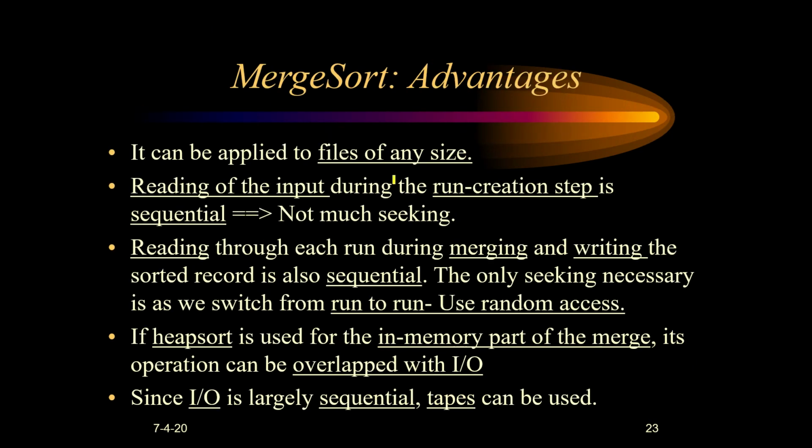For looking into the advantage of merge sort, here we have two main steps, as I have already explained. The first one is reading the input, that is the run creation step. Here the reading is sequential, and after reading we go for creating runs. In the runs, every piece of data which is read is sorted and saved as runs.